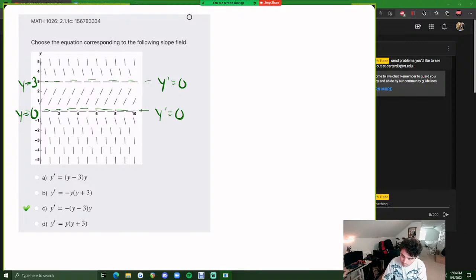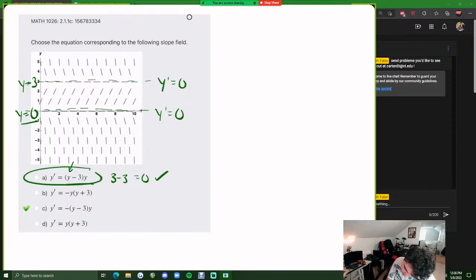And so what can we narrow it down to? Which ones of these makes y prime 0 at 3 and at 0? So for the first one, if we plug in 3 here, we get 3 minus 3, which is 0. That checks out. And then plugging in y equals 0 would make this part 0, which means both 3 and 0 make y prime 0 for this one.